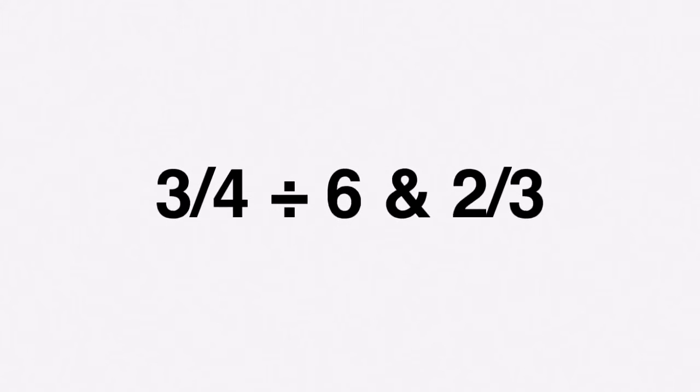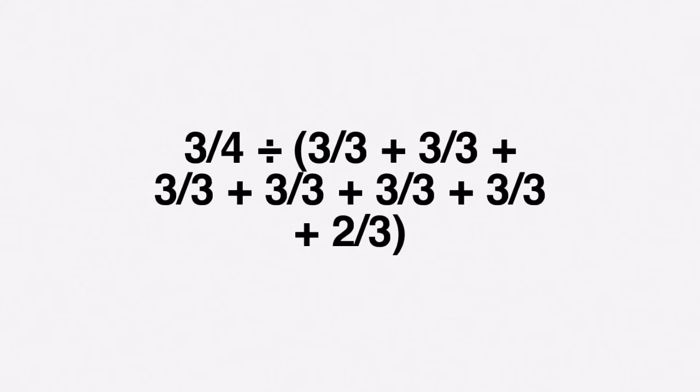Here's another one. 3/4 divided by 6 2/3. What is 6 2/3? Well, we're dealing with thirds, so how do I change my 6 into thirds? Well, it would be 3/3, 1, 3/3, 2, 3/3, 3, 3/3, 4, 3/3, 5, and 3/3, 6.